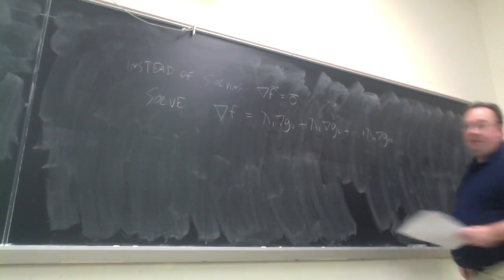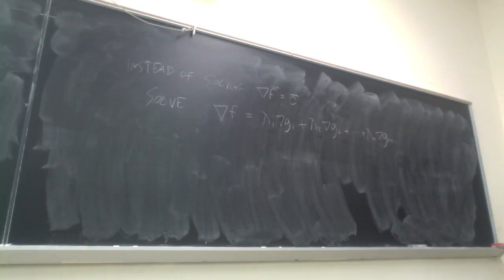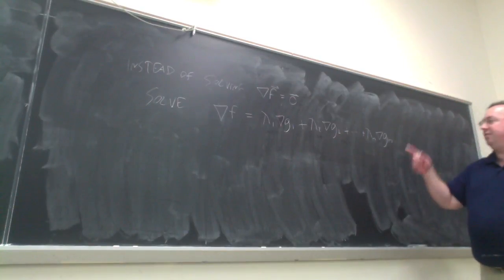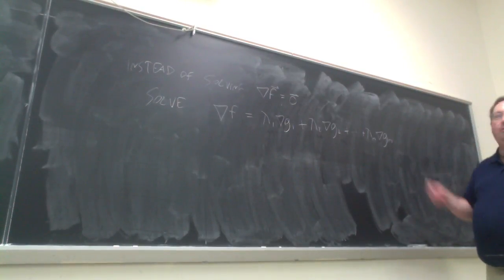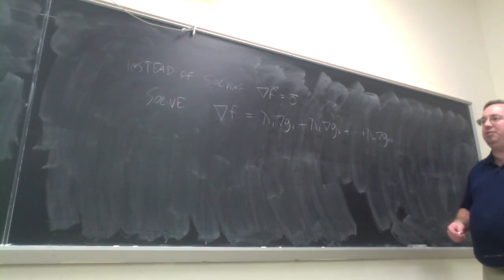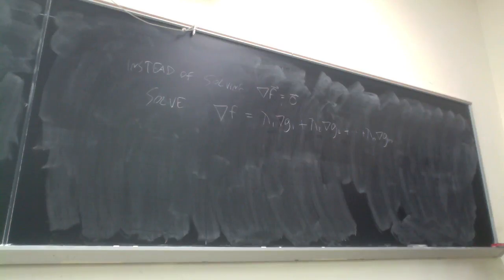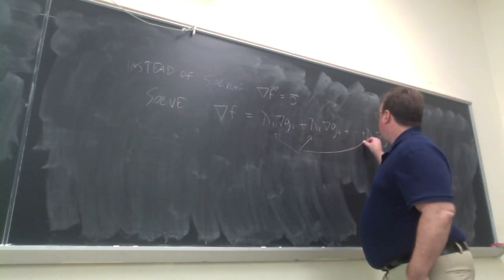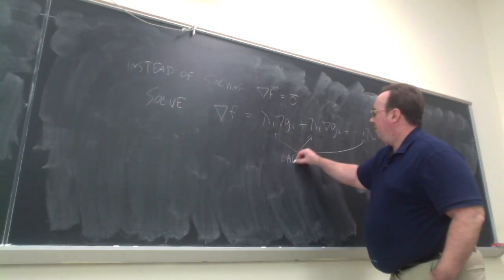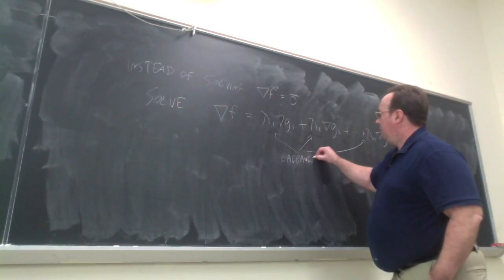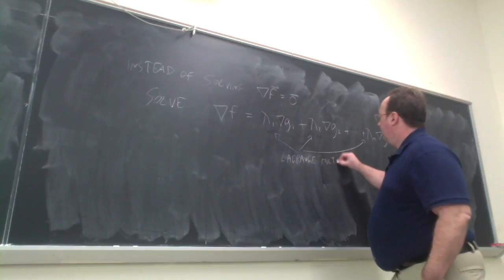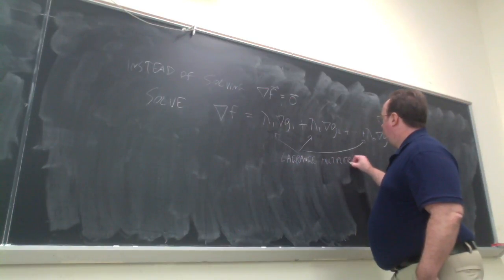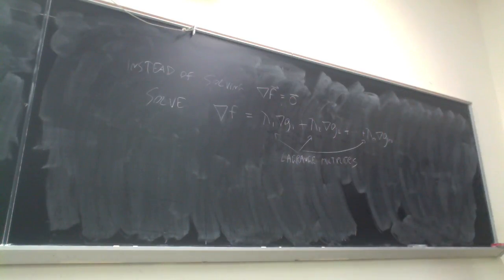And these constants, lambda 1, lambda 2, up to lambda m, are new independent variables. So you have your x1, x2, up to xn from before as independent variables. Now you have even more. These new independent variables are called Lagrange multipliers. That's where the term gets its name.